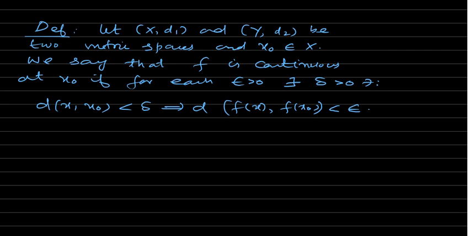Or in terms of spheres we can write, this means x belongs to the sphere with center at x naught and radius delta, this should imply the point f(x) should belong to the sphere with radius epsilon and center at f(x naught). So I can write it equivalently.